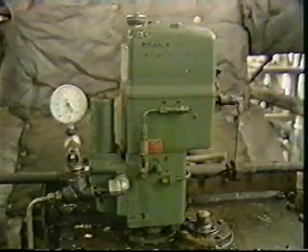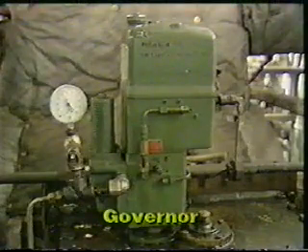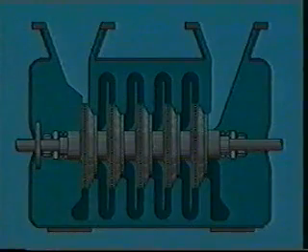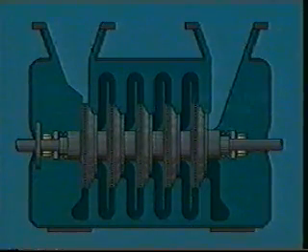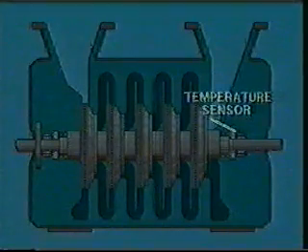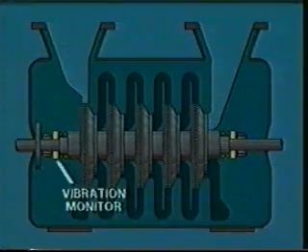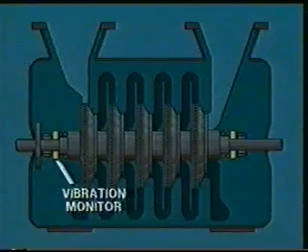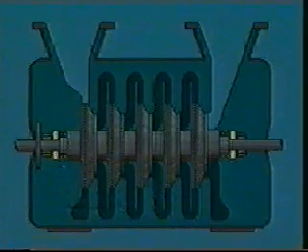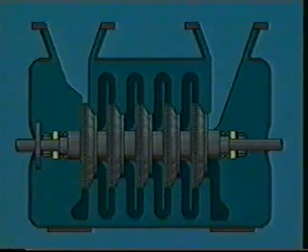Turbines are protected from overspeed damage by governors and overspeed trips. In the different types of compressor bearings, temperature sensors are frequently used to monitor startup and operating temperatures. Vibration monitors are placed at strategic points on the compressor to check for any excessive vibration. Some of them are designed to specifically monitor excessive axial or radial movement of the compressor.